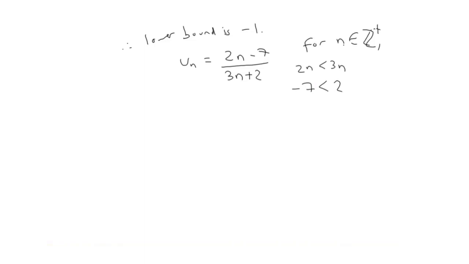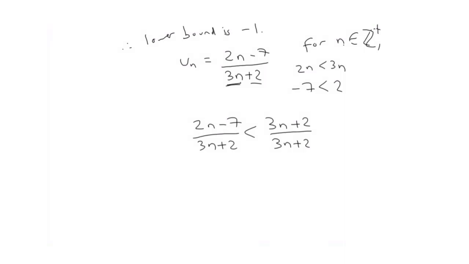So the reason why we pick those is because you've got a 3n here and a 2 here. So if 2n is always less than 3n and the minus 7 is always less than 2, so 2n minus 7 over 3n plus 2 is always going to be less than 3n plus 2 over 3n plus 2, because obviously the smaller the value of the numerator will make the whole thing smaller.